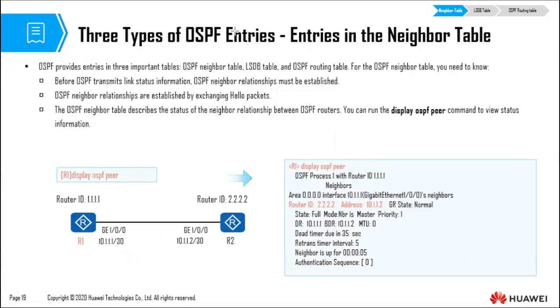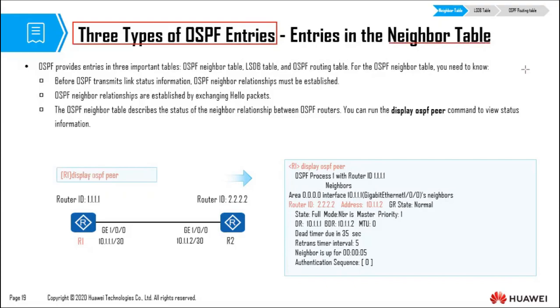So we want to see the OSPF tables. We have 3 types of OSPF entries. The first one is called the neighbor table.